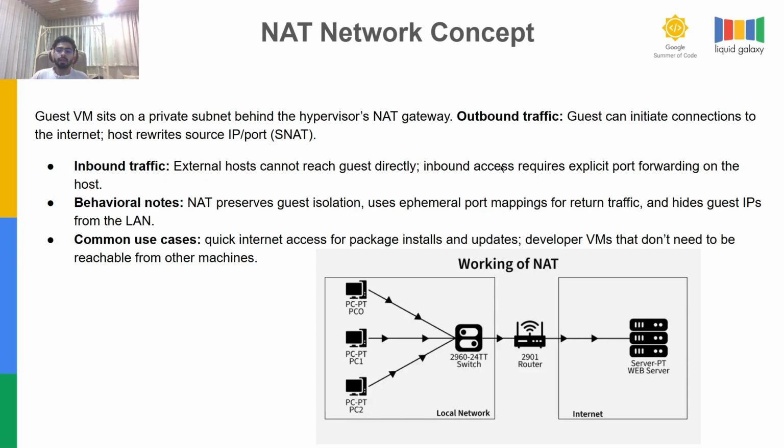So this is the diagram that I mentioned. The router 2901 would be your host only network. So you attach your LG1 to your host only network adapter. Basically, it is the public facing side of your internal network. So LG1, LG2, and LG3, these three machines would be connected.